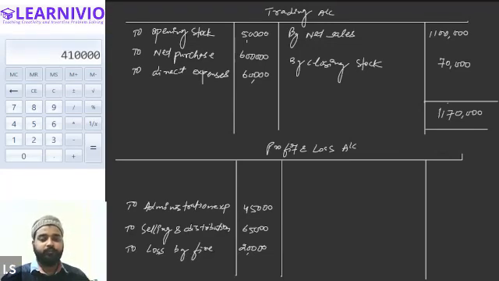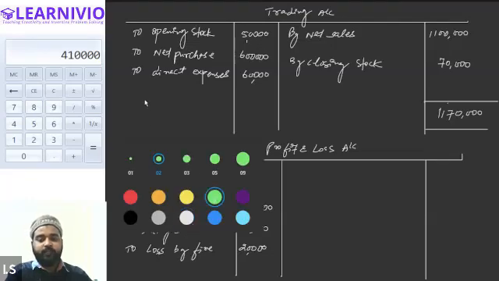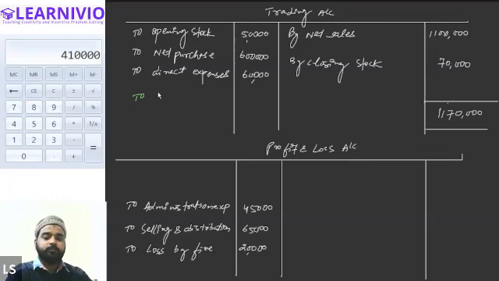So there will be a profit of 4 lakh 10,000. It will be treated as gross profit.